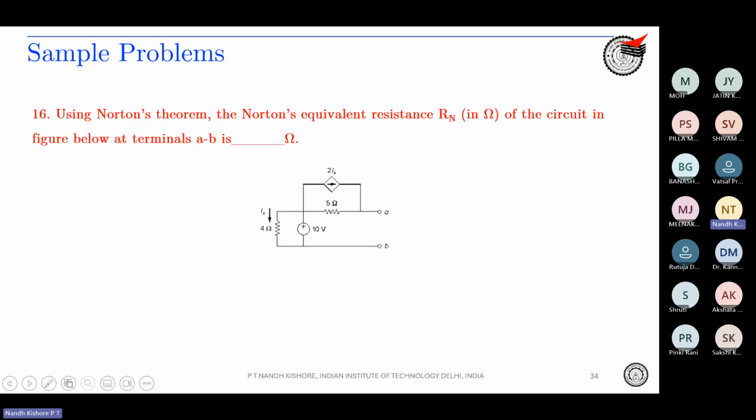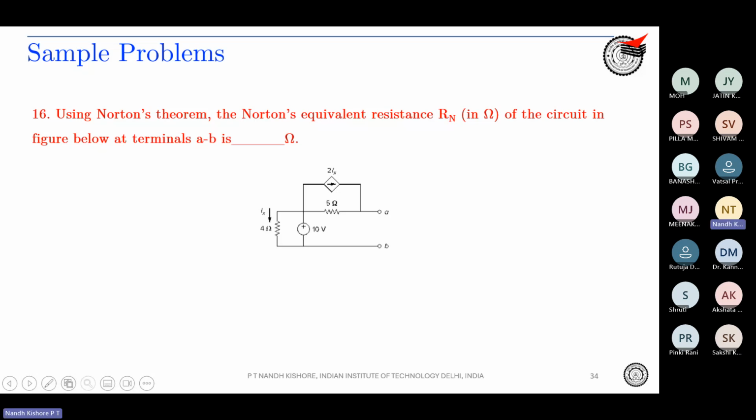One student says 9 ohm. Tell how you are getting 9 ohm. 5 ohm and 4 ohm in series, and the voltage sources are open.